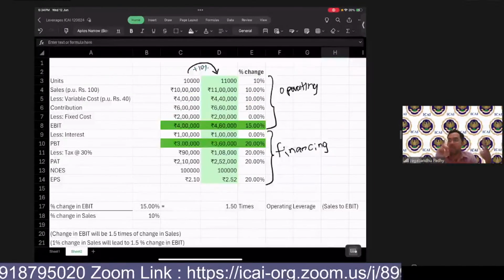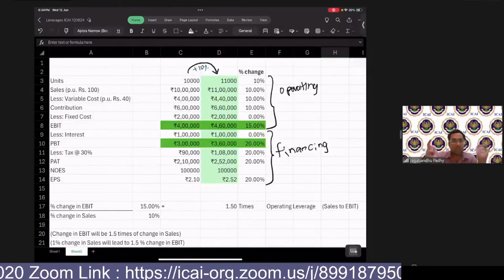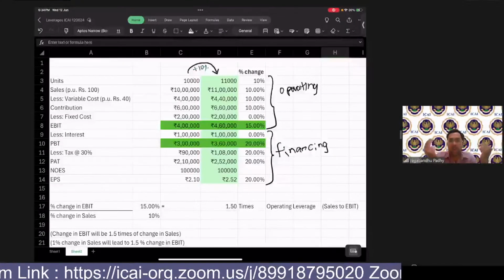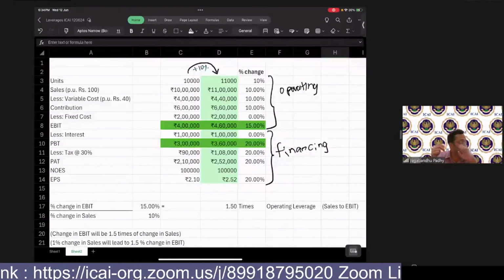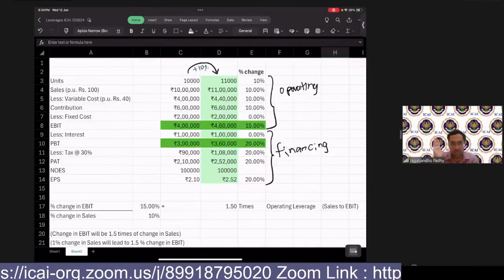Operating leverage connects your sales with EBIT, and is the sales to EBIT portion. Financing leverage connects your EBIT with EPS. The combined leverage is from sales to EPS. Operating leverage looks at percentage change in EBIT due to percentage change in sales. Financing leverage looks at percentage change in EPS due to percentage change in EBIT. And combined leverage connects the percentage change in sales with the percentage change in EPS.